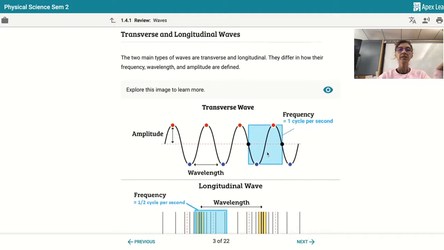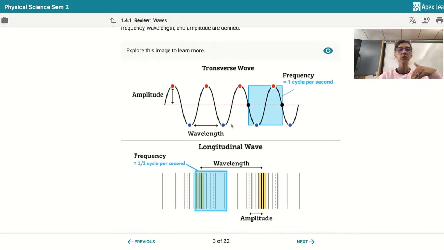Now, some characteristics of both of these waves that you learned are amplitude, which is how high above the equilibrium point, here, this orange dotted line, the wave displaces. In a longitudinal wave, it would be how compressed are the coils of, let's say, your slinky as an example.